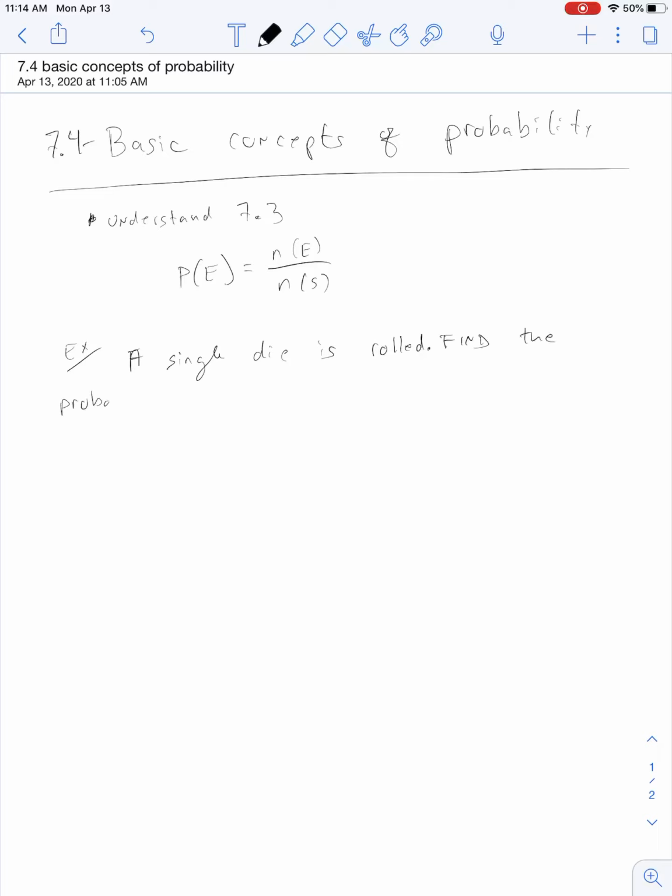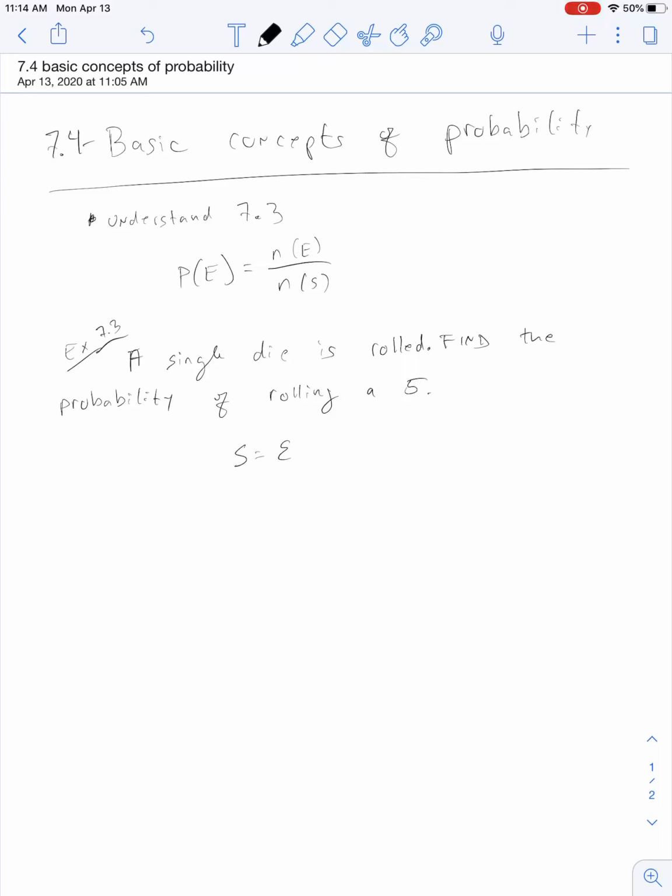I want you to find the probability of rolling a 5. All right, so this is a 7.3 example, right? An example, let's just say from 7.3.